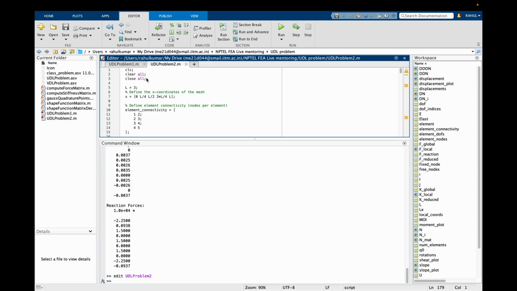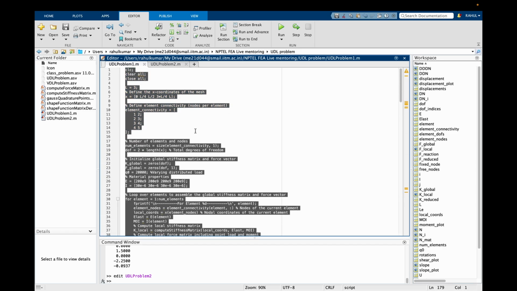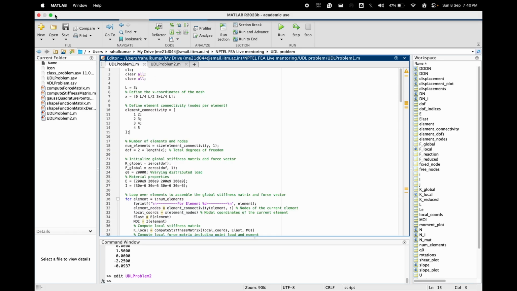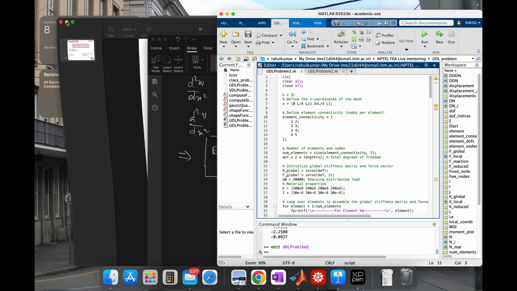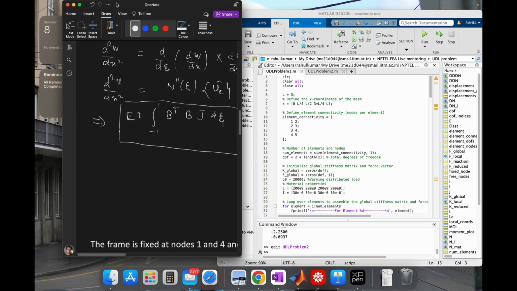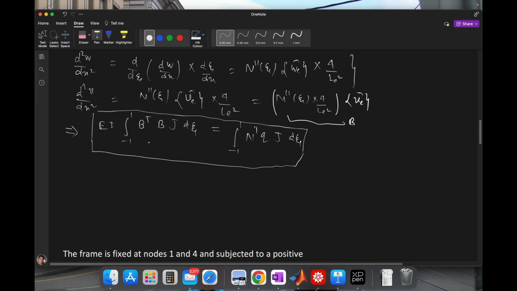So this is problem number 1. We already saw that we are solving the problem.